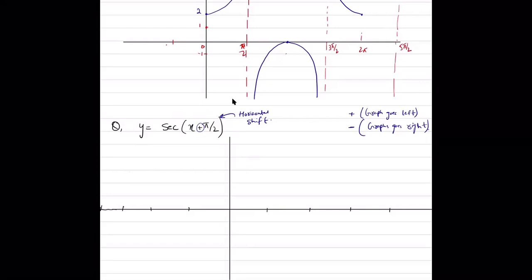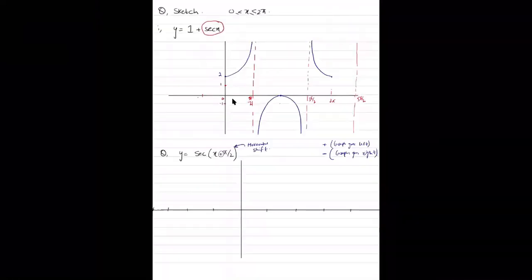So first of all, we are going to deal with the asymptotes. For asymptotes, what will happen here? The graph will go pi by 2 units to the left. So if my asymptote was at minus pi by 2, where will it go?